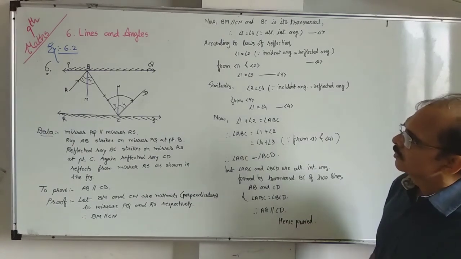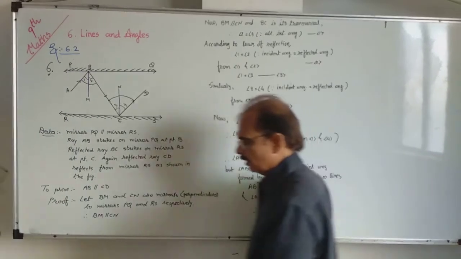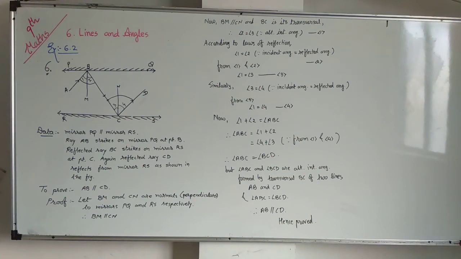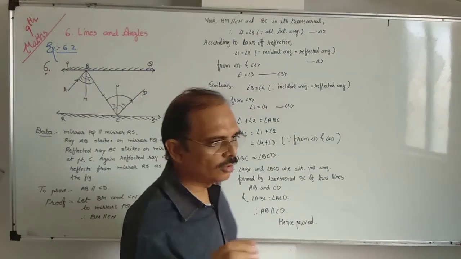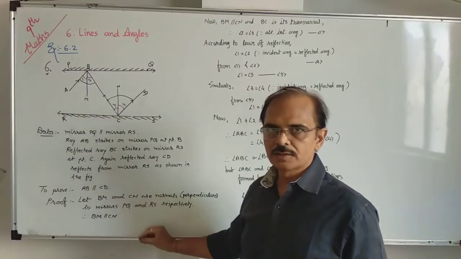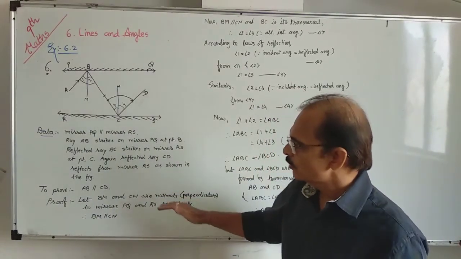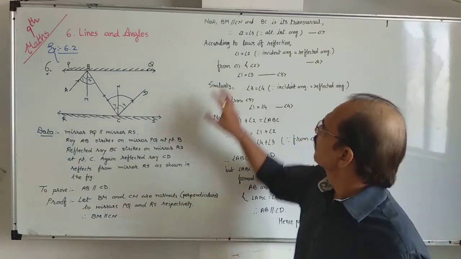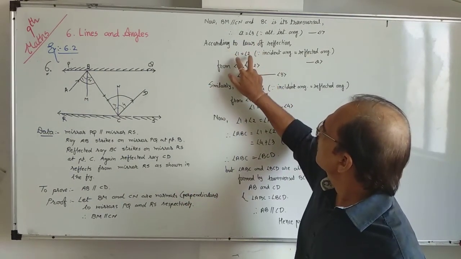Okay, this is your question number 6 about reflection of angles, right? Very slowly, learn it. Very slowly try to understand it. Repeat this again and again. How we bring this, how we bring this.